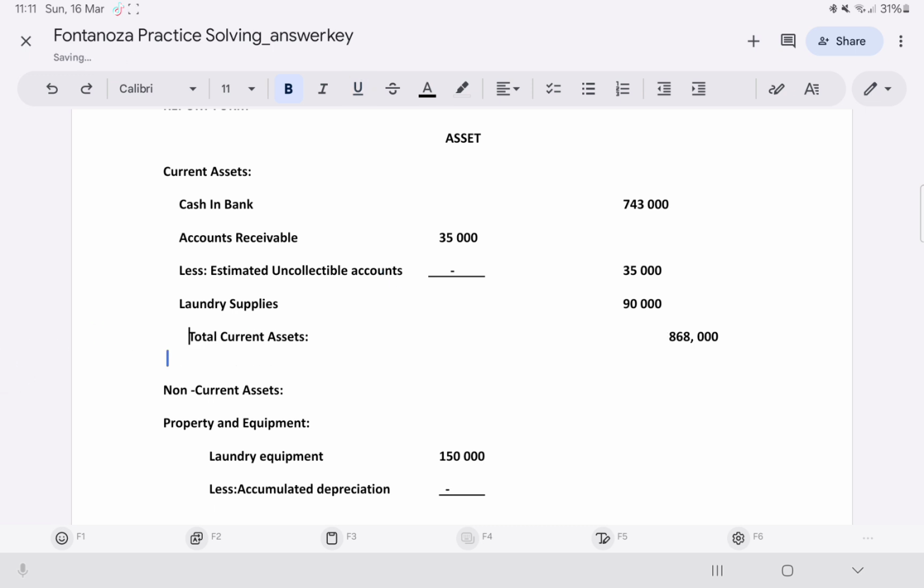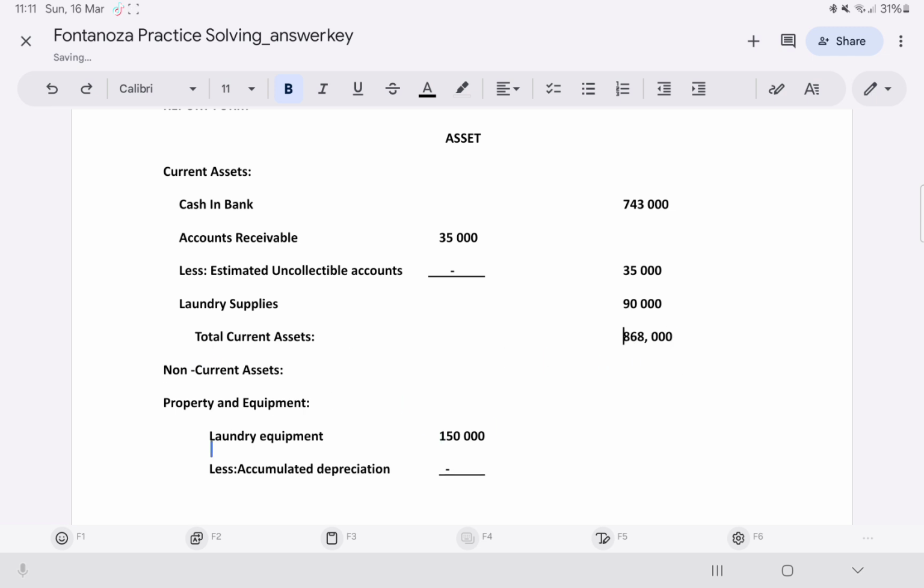Do not forget the format. Total non-current assets.